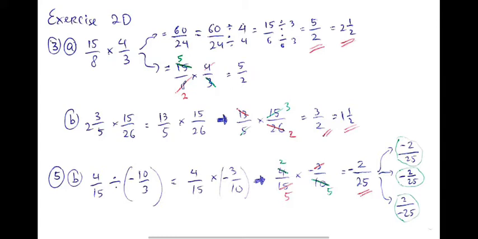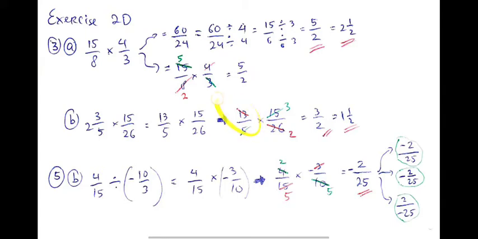And then for 3b, the same thing. It's just that the first fraction is a mixed fraction. You just change it to the improper fraction first. And then here again, you can do both ways. As I recommend, I'm going to be using this simplify first and then multiply later way.